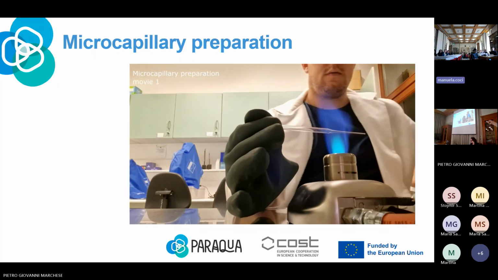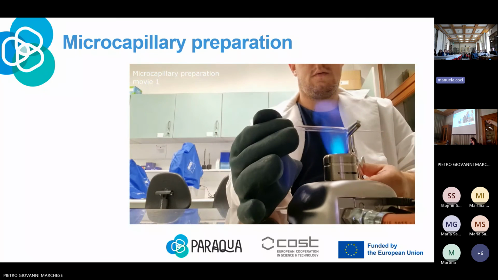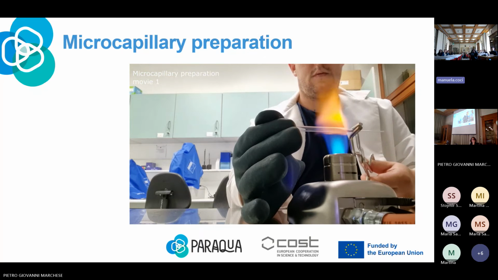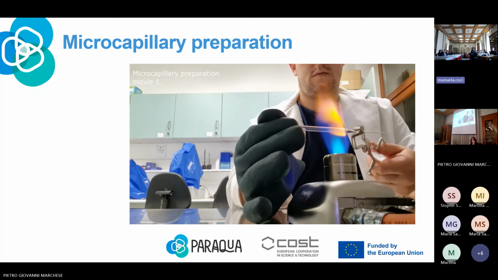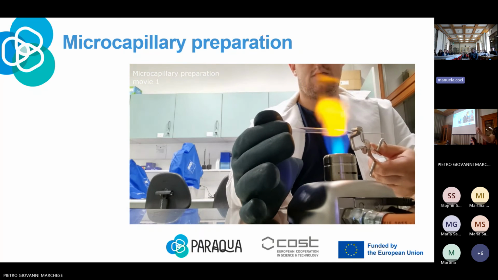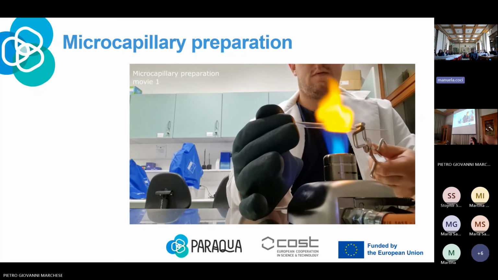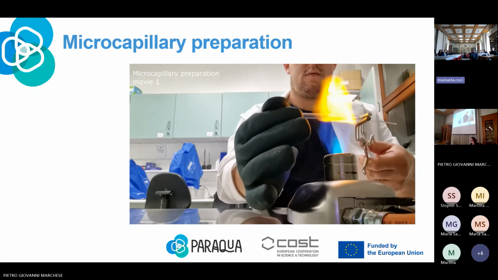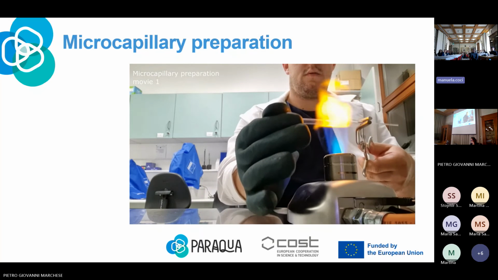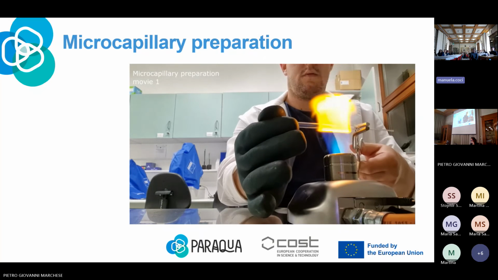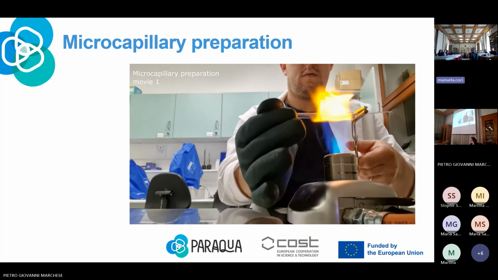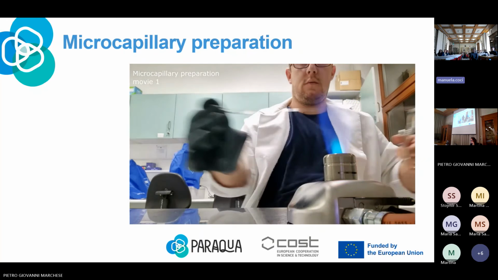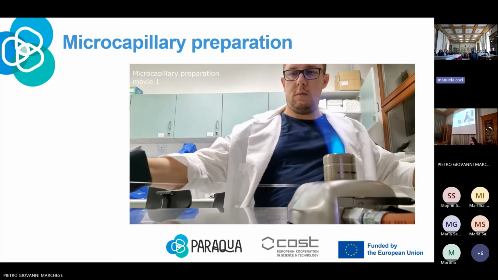So we have to heat part of the glass Pasteur pipette. I recommend heating the middle, because from one Pasteur pipette we can obtain two, not only one. Yes, we can reduce the costs as much as possible. So after a few minutes, the glass will become more plastic, and then we have to elongate the pipette.